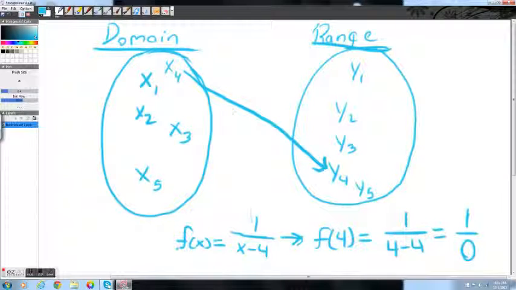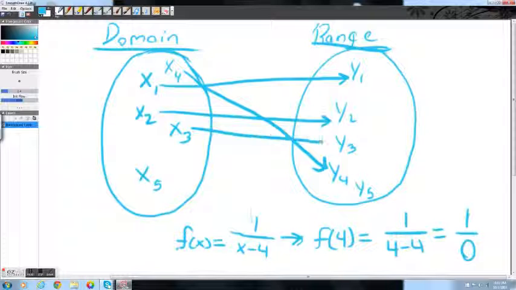So we say that the function takes an input x and transforms it into a corresponding output y in the range.